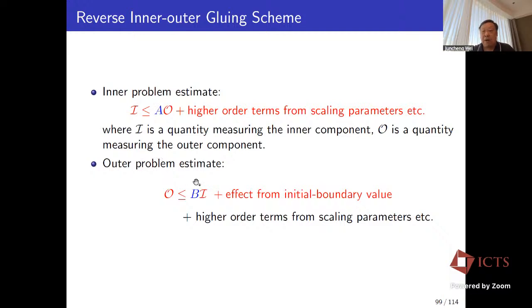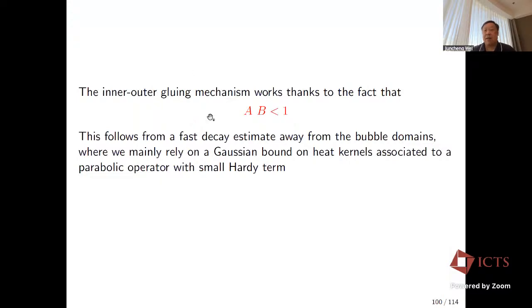And for the outer problem, we can estimate the outer problem by the inner problem by some number B. And the inner-outer gluing mechanism works if these two constants multiply to less than 1.